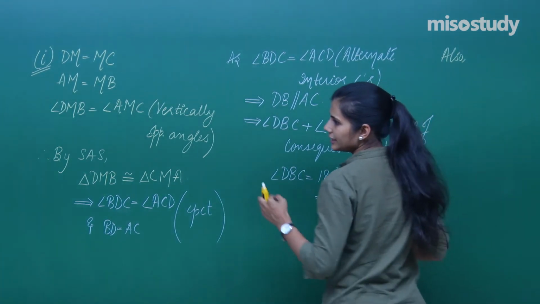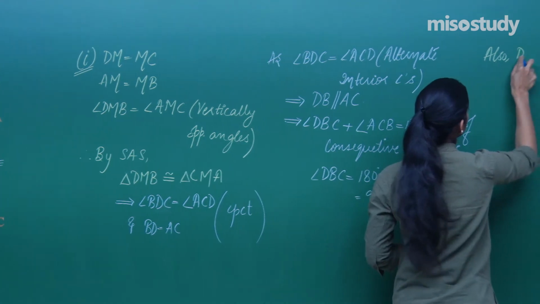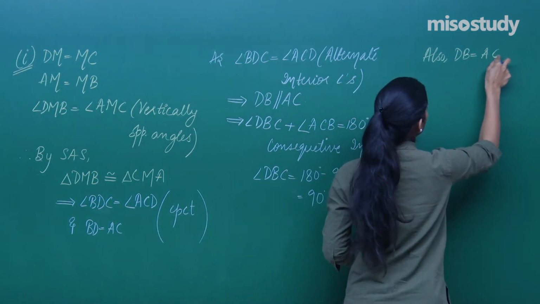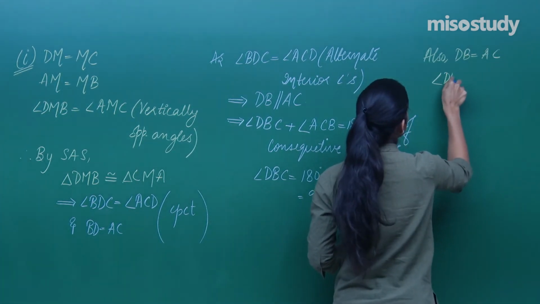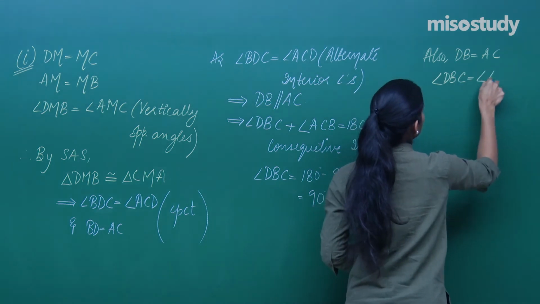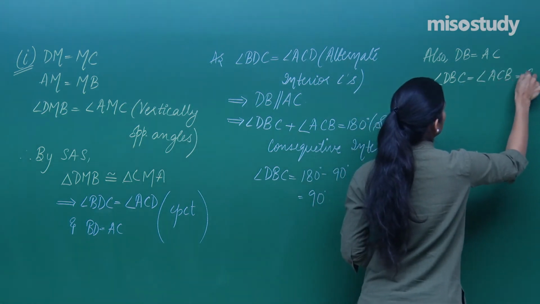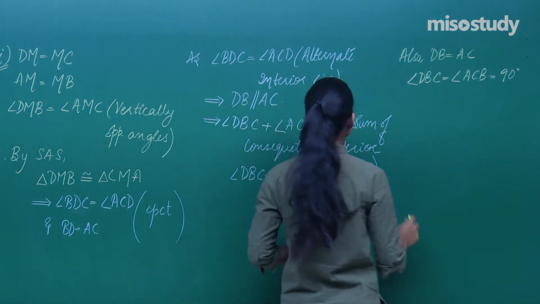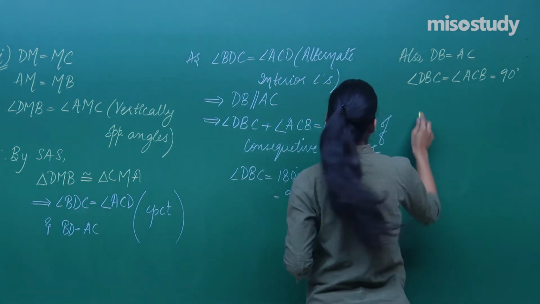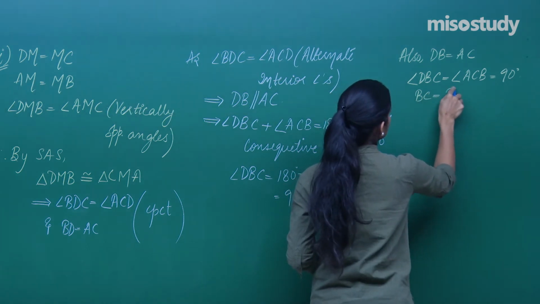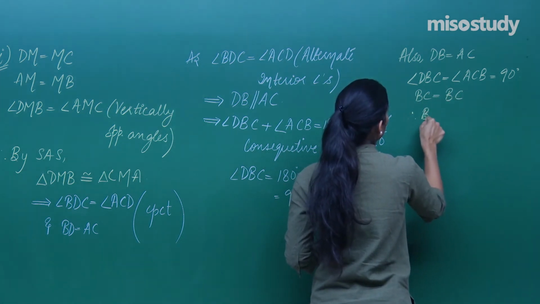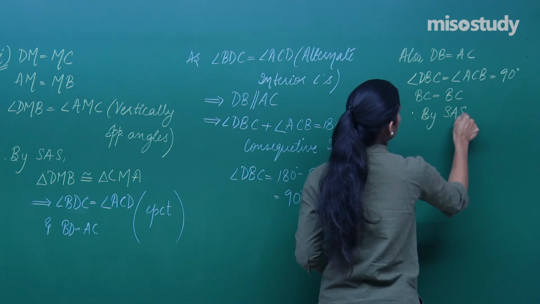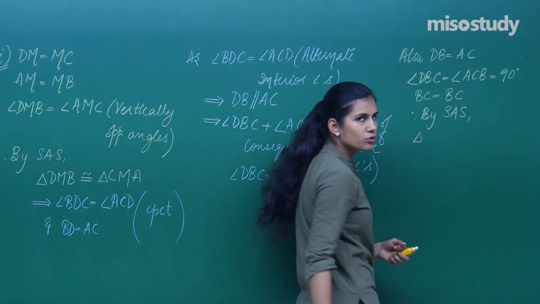I have DB is same as AC. Angle at B is same as angle at C, which is 90 each. We just proved. One was given, one was proved. And I have BC same as BC. This is the common side. Therefore, by SAS congruence rule, which triangle is congruent to which triangle?